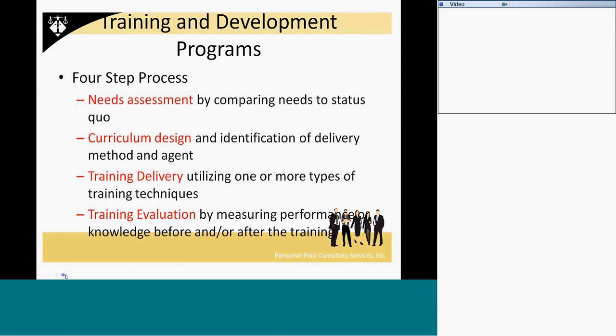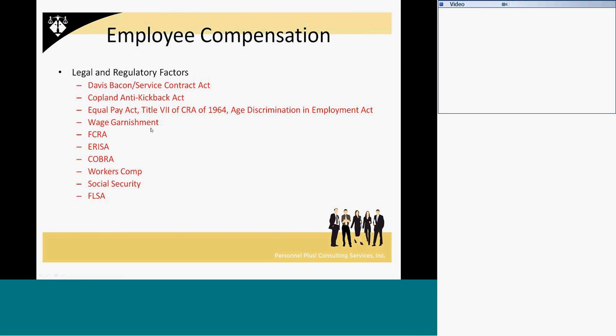So basically, very similar to the needs assessment, you go back and compare where you're at to where you need to be. And hopefully, having followed the steps, you'll find that that gap is now somewhat smaller because training had some form of positive effect. But the terms we've read are the terms you should know for the test.